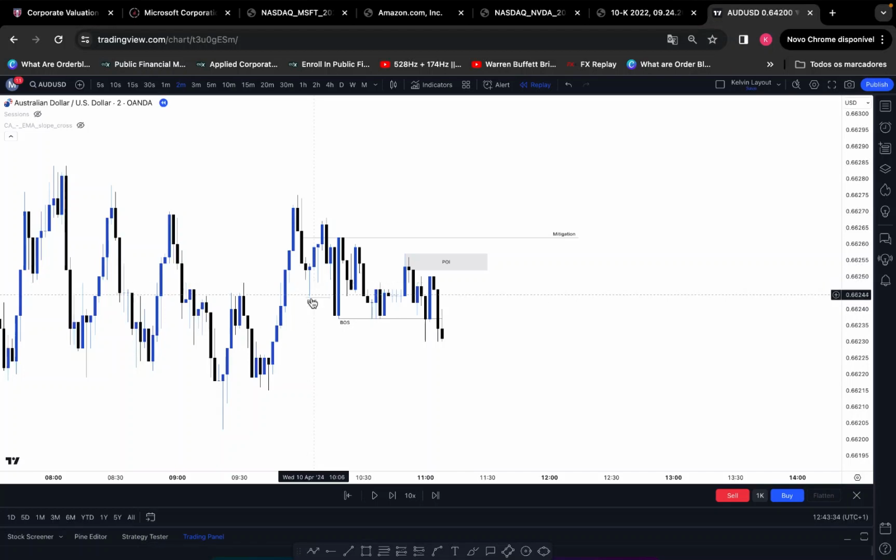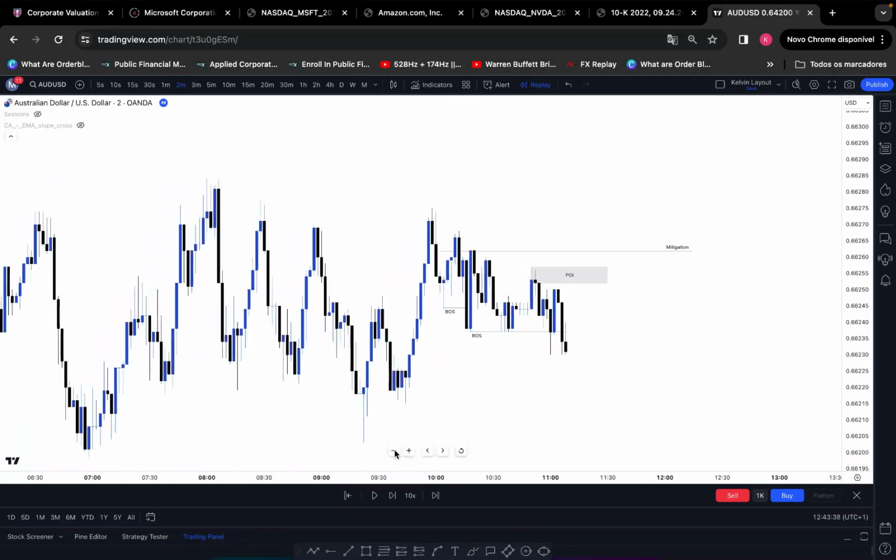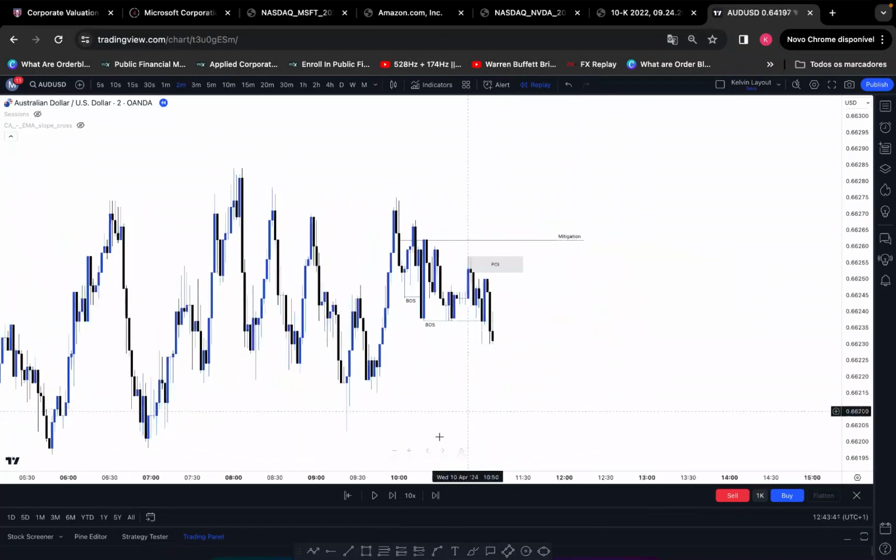So I said, okay, price comes to that M15 supply zone, right? So what I'm seeing is price came, it made this high, and then we had this low, and then price was struggling to create a high. So we had the break of structure, price comes back to mitigate, right? So this right here would have been the mitigation zone, the mitigation line.